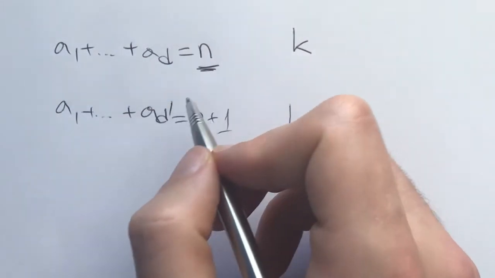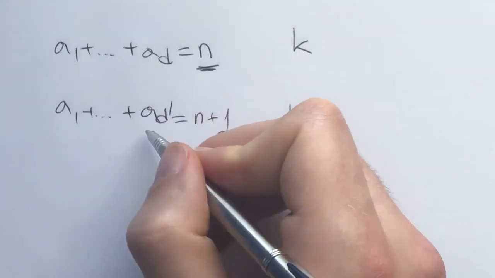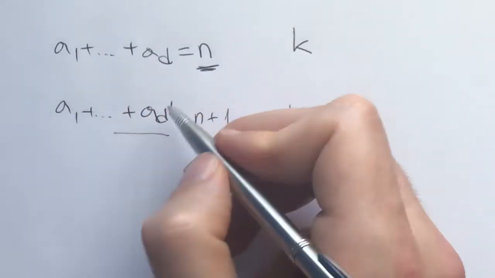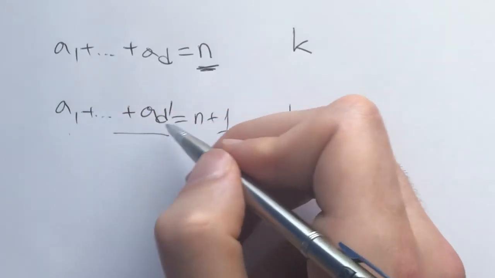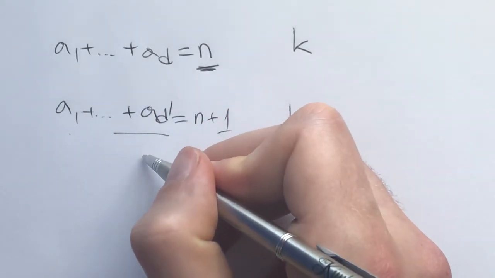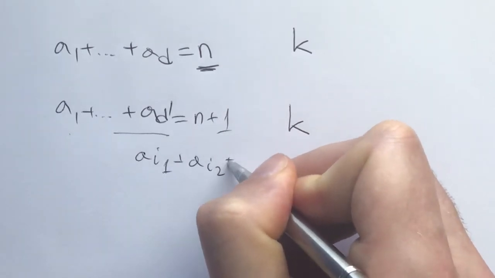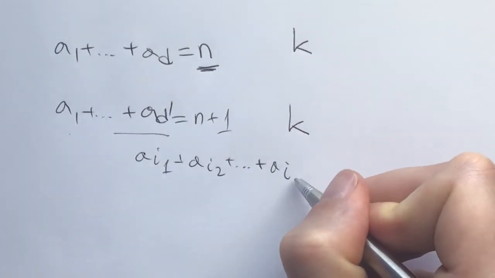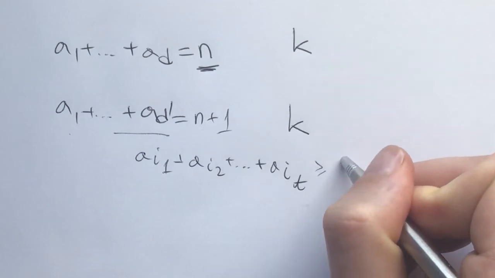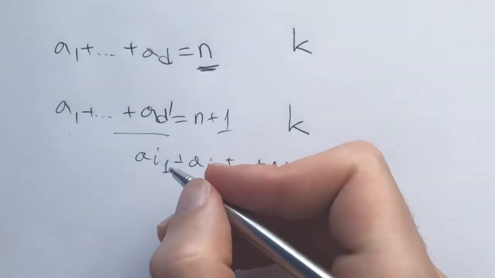Well, it makes sense, at least to me, somewhat that if we are to take a couple of numbers from a1 till ad prime, such that their sum is greater than or equal to 1, say a subset of them, ai1, i2 till ait, such that it's greater than or equal to 1, but say less than 2.